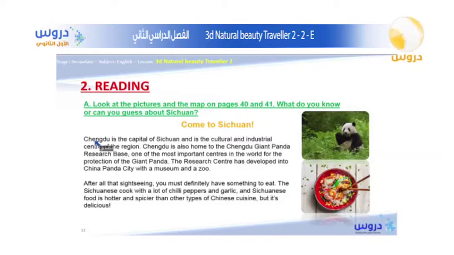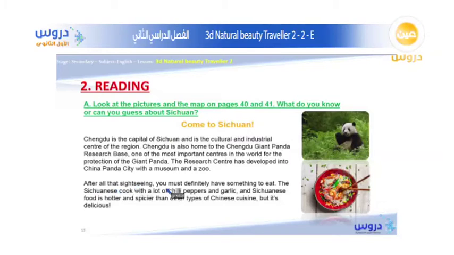Here also we have Chengdu, the capital of Sichuan, and it's the cultural and industrial center of the region. Chengdu is also home to the Chengdu Giant Panda Research Base, one of the most important centers in the world for the protection of the giant panda. The research center has developed into China Panda City with a museum and a zoo.